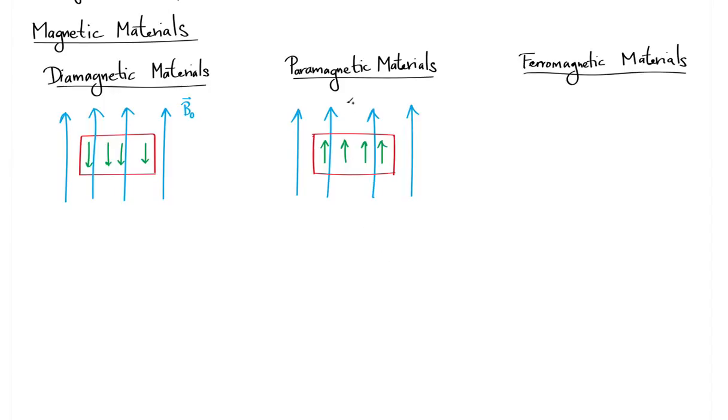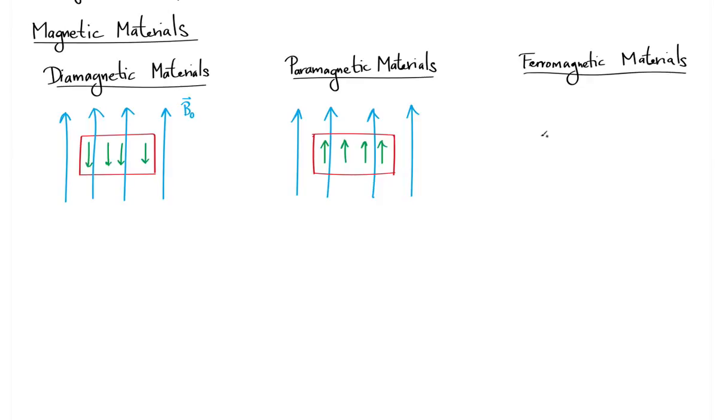Okay, and so opposite to the case of diamagnetic materials, the field inside the paramagnetic material will be a little bit stronger because these two fields are adding together.